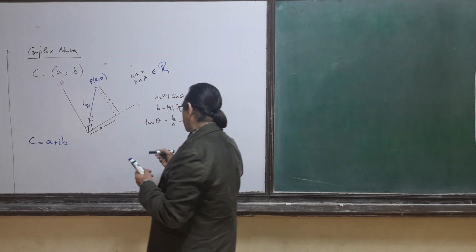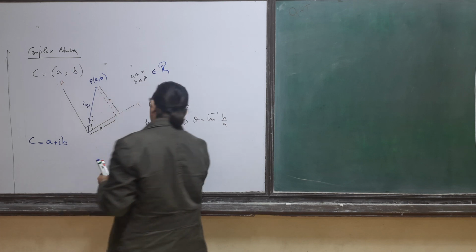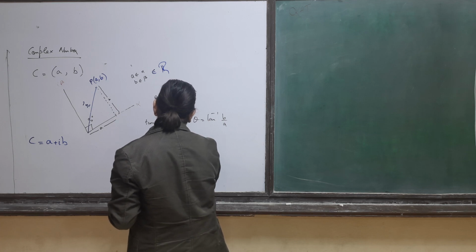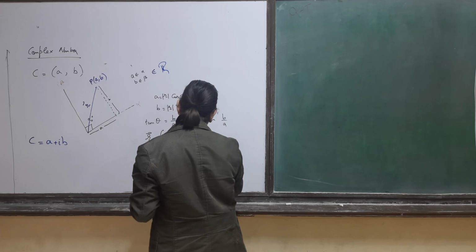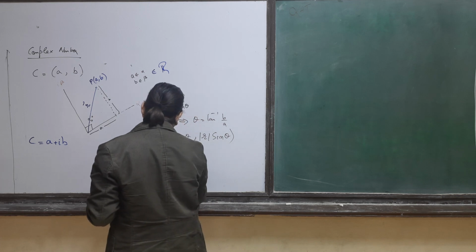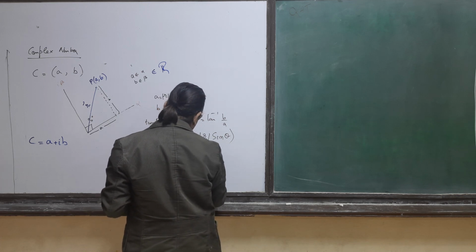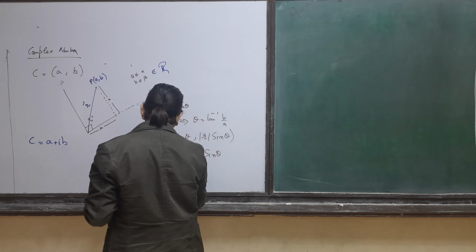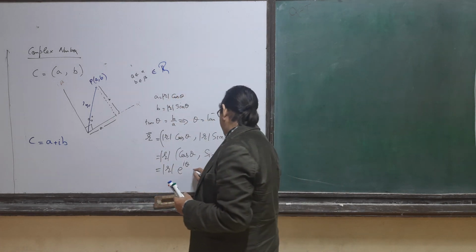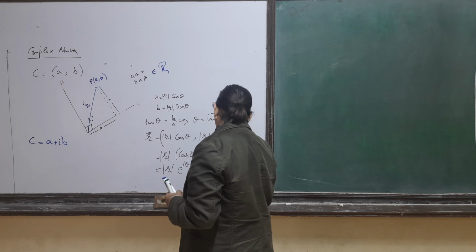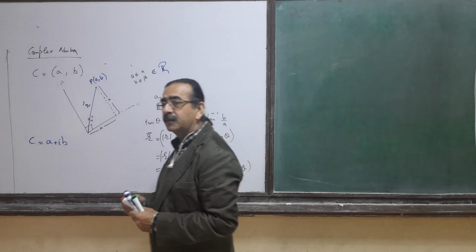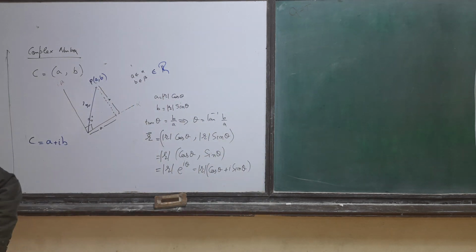By putting these values, the R vector will be equal to the magnitude R times cos theta plus iota sin theta, which is also written as R e to the iota theta, because it may also be written in the form of cos theta plus iota sin theta in the form of an ordered pair. I have already explained that.